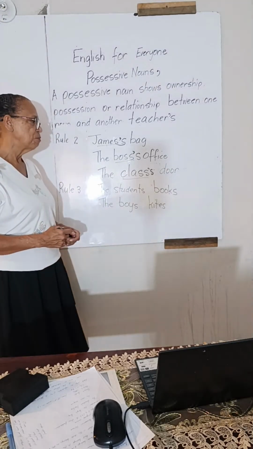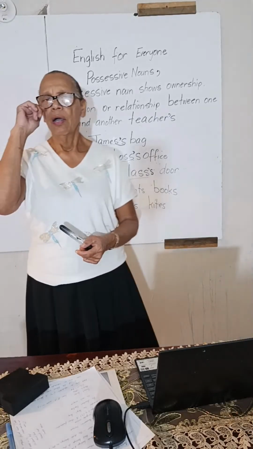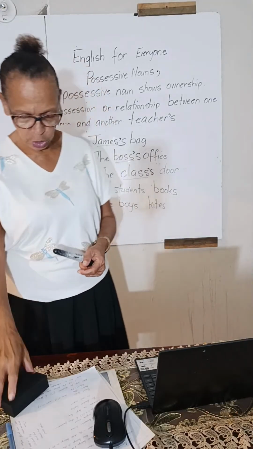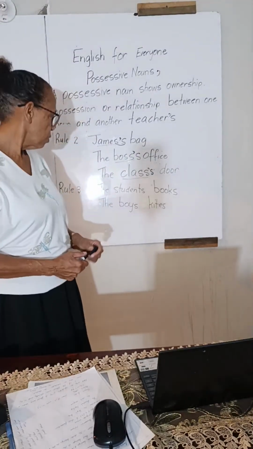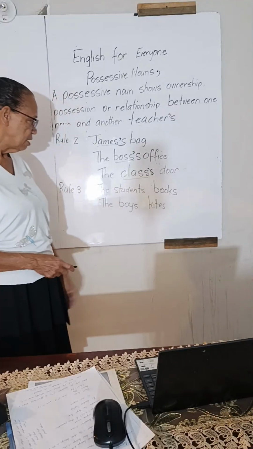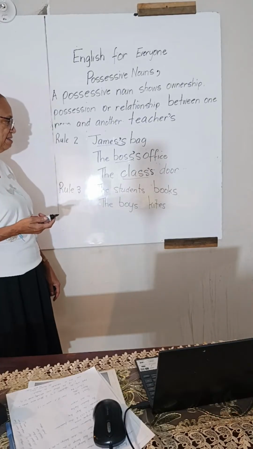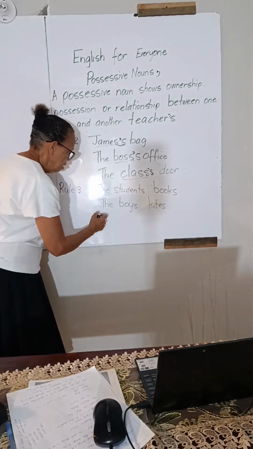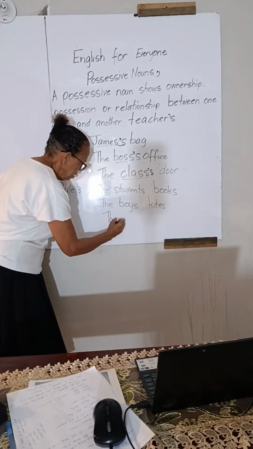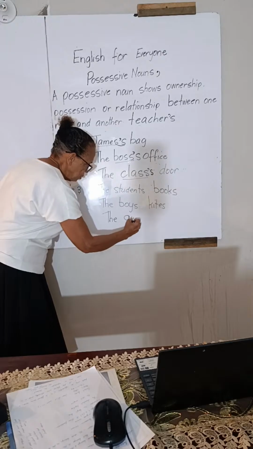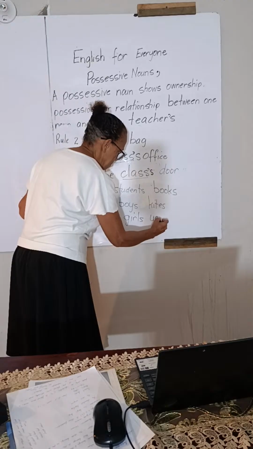The students' books, the boys' kites. Where should we put the apostrophe? Where should we put the apostrophe, you think? The girls' uniform.